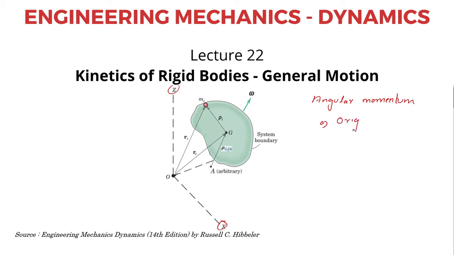One is the origin, the second is any arbitrary point, and the third is the mass center. We shall try to find the angular momentum with respect to these 3 points, and we shall see the relationships, the equations.